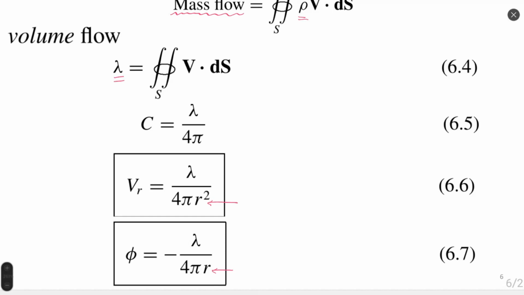And as before, V theta and V phi are both equal to 0. So source flow describes to us a distribution of velocity only in a radial direction from the origin of coordinates in all directions, independent of the two angles in the spherical coordinate system.